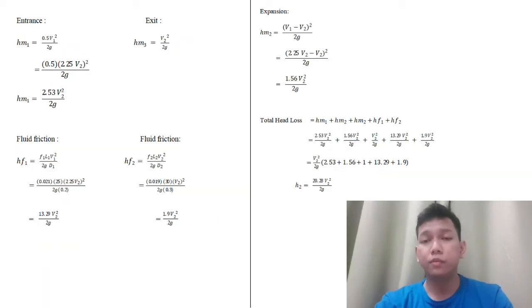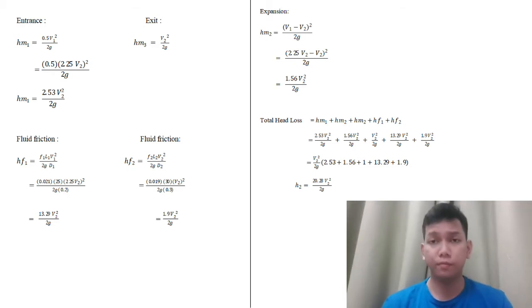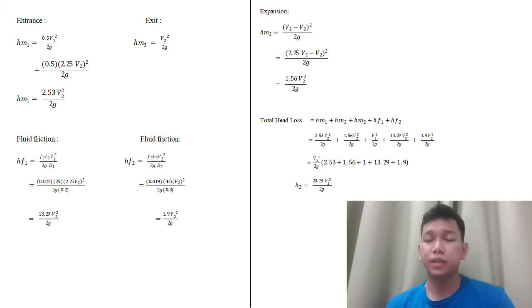Okay, I will continue with part 2, the calculation of the losses in the pipe. Losses in the pipe are divided into 2: major losses and minor losses. The major losses are usually the friction loss for the water in the pipe. And the minor losses are usually when there are differences or changes of pipe size.